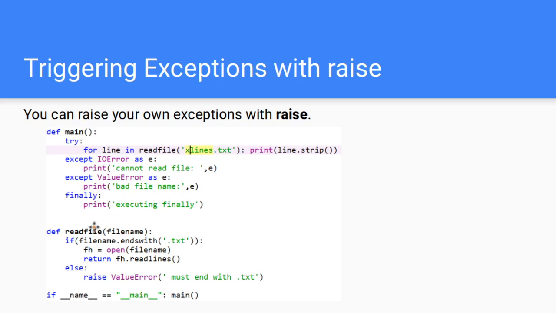And finally, in this read file function we've defined down here, we accept the file name and we say if the file name ends with .txt, then we're good. Otherwise, we want to raise a value error and tell the user, which may be another program. If this is a library, we may want to tell the user the file must end with .txt.